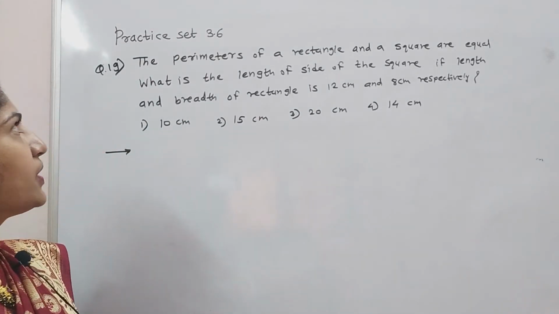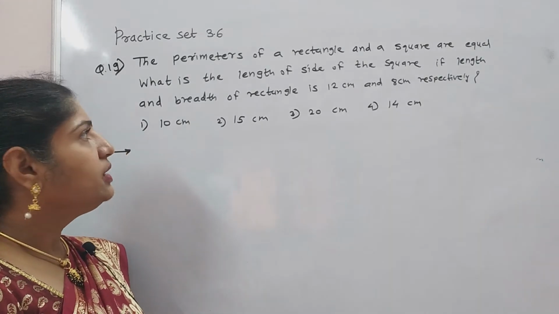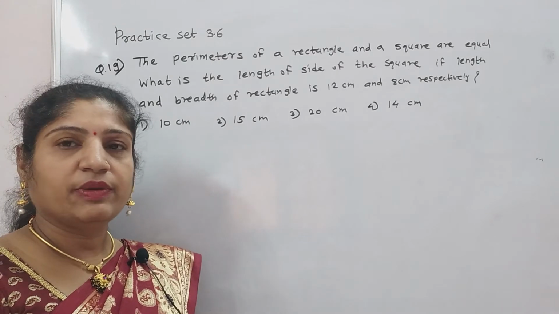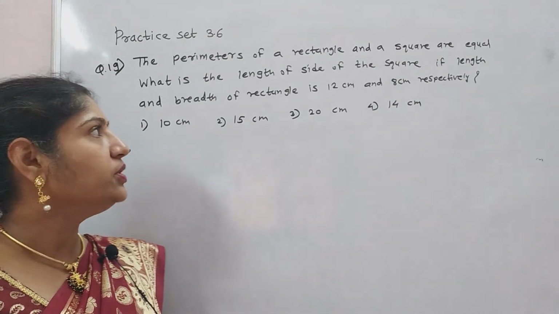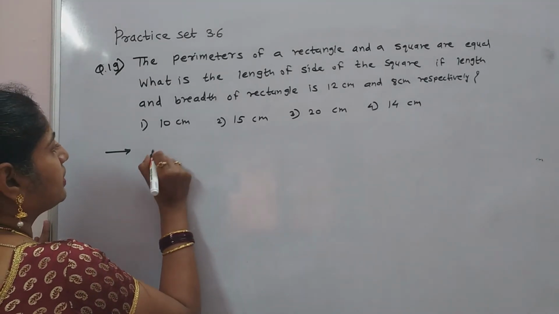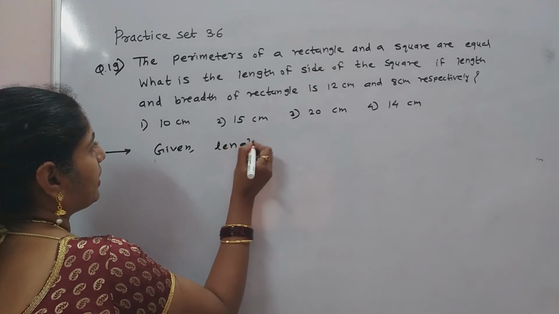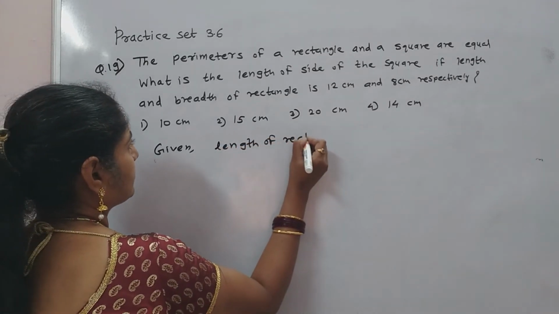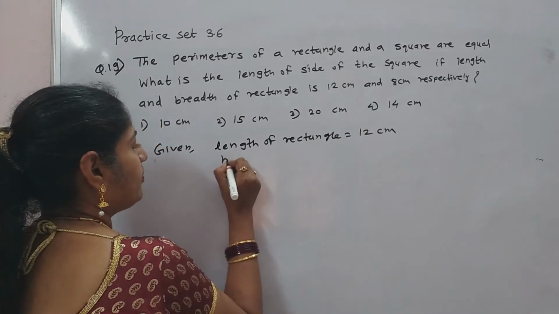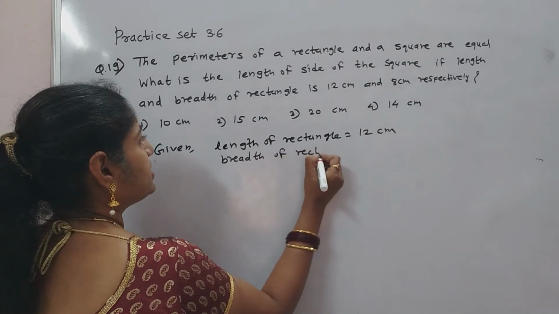Next question. The perimeter of a rectangle is equal to the perimeter of a square. If the length and breadth of the rectangle are 12 centimeter and 8 centimeter, then find the side of the square. Given is length of rectangle equal to 12 centimeter and breadth 8 centimeter.